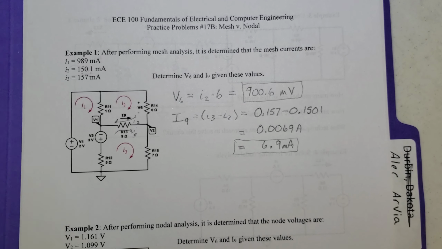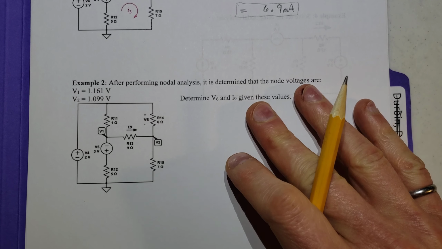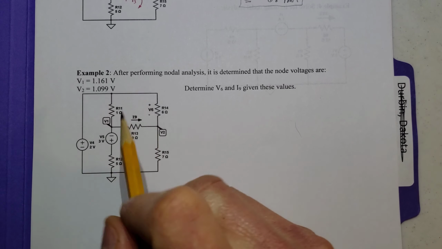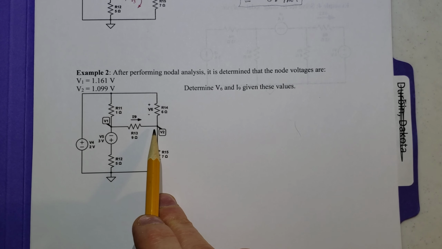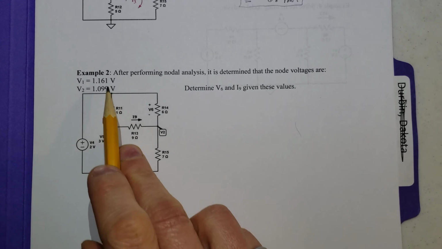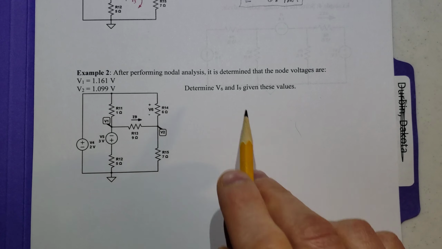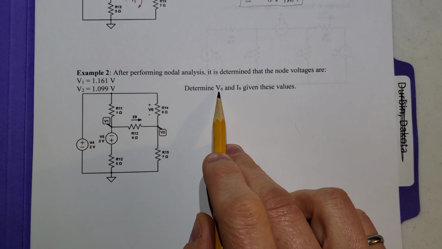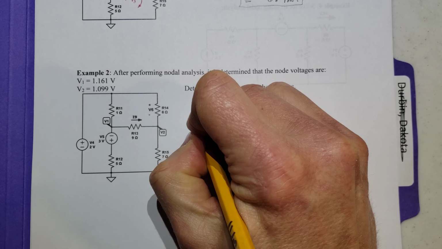So we've got the exact same circuit here, and let's say that we went through the trouble of solving for the nodal voltages. So we run the nodal process on here, and we get the two voltages V1 and V2. And again, we're asked the same thing, determine V6 and I9. Well, let's talk about V6.